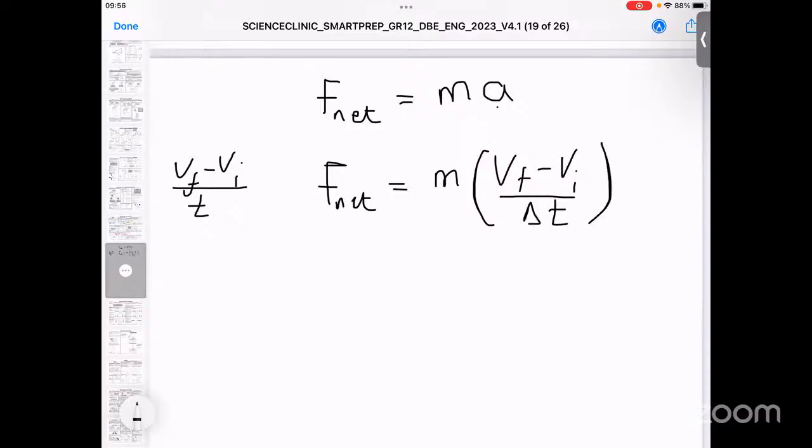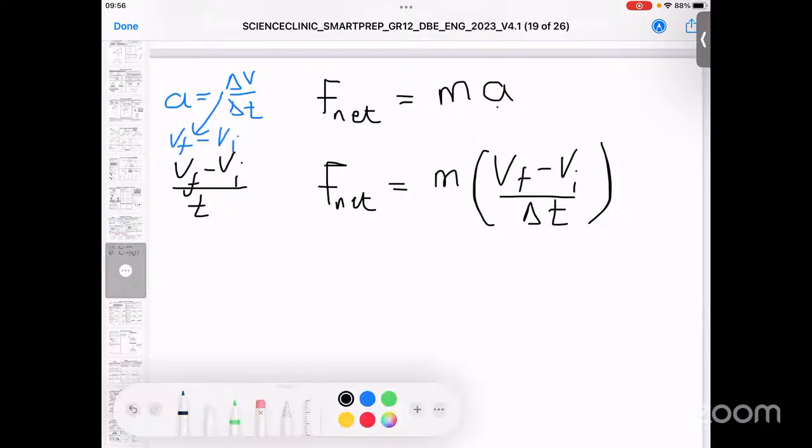So if we now simplify this, maybe if you want to be reminded, acceleration equals change in velocity over change in time, whereby change in velocity, we know change means V final minus V initial. So that's what I'm having there.